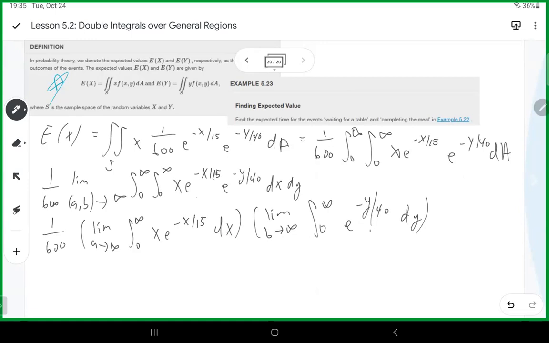So 1/600. We're gonna barely have enough room for this.